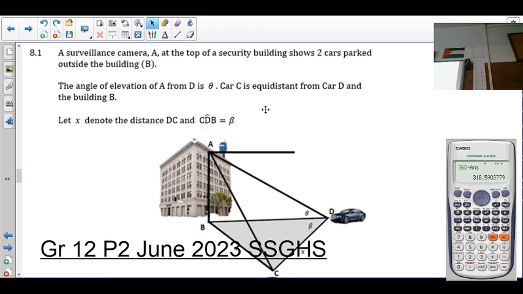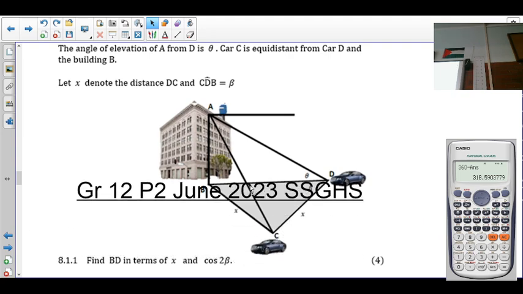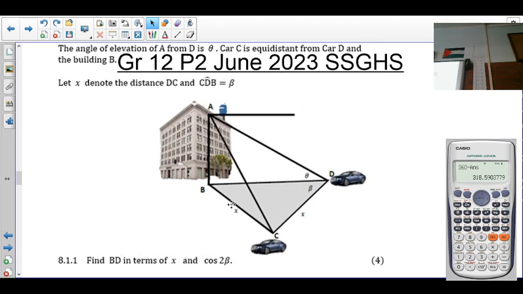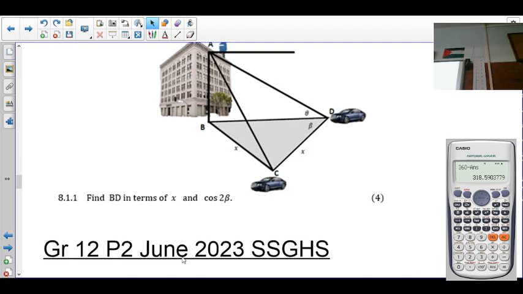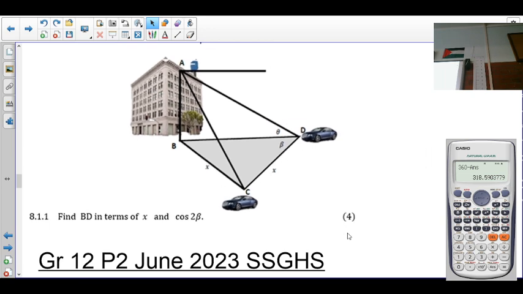Car C is equidistant from the building B. They denote the distance DC, BX, and CDB beta there. Alright, first question. So this is 8.1.